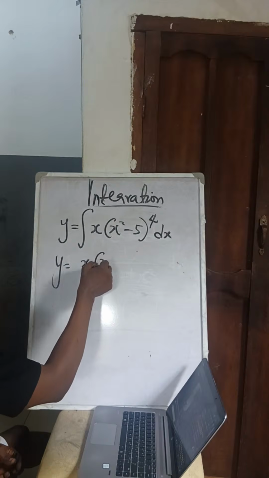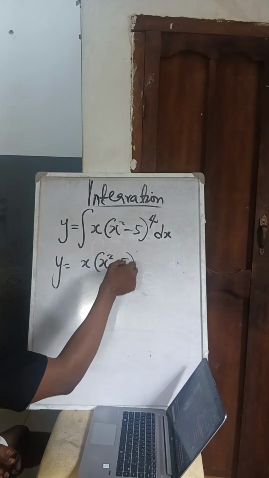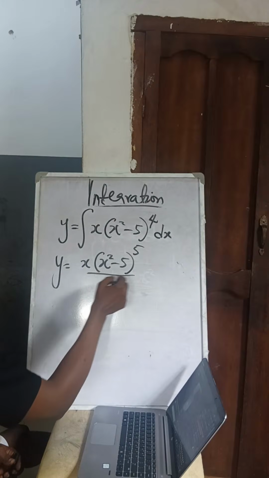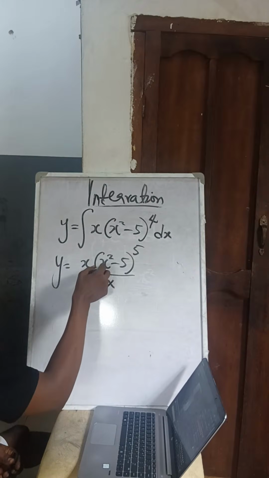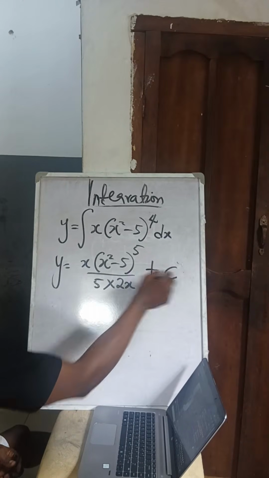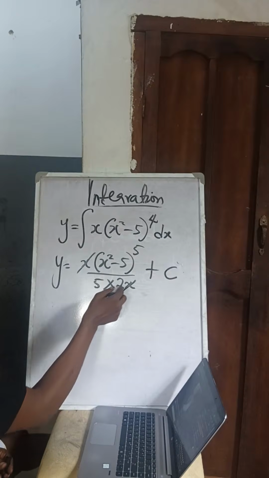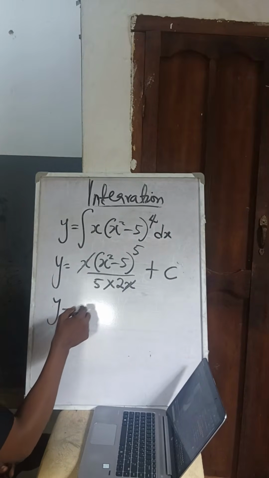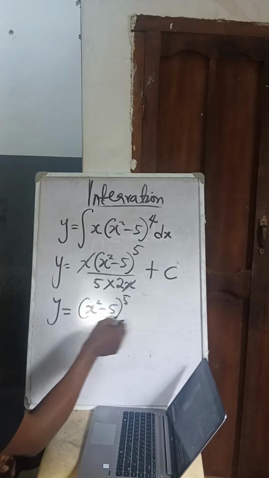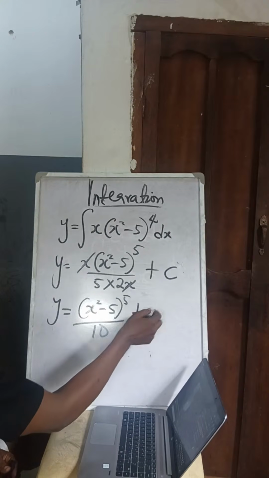You write down x squared minus 5, then add 1 to 4, it becomes 5 all over 5, multiply by, differentiate x squared, you have 2x plus c. So this x cancels out, as 2 times 5 is 10. So your final answer is x squared minus 5 raised to the power 5 over 10 plus c.